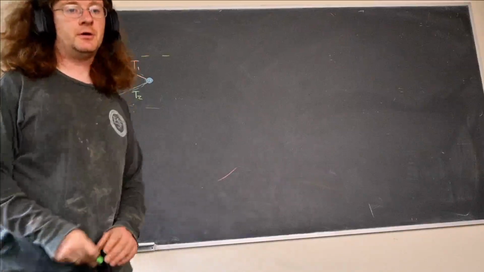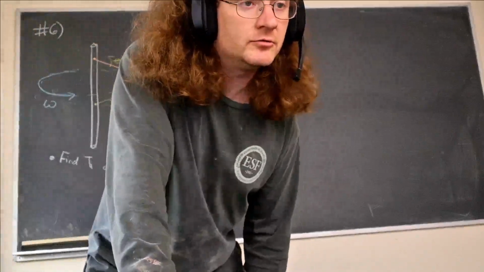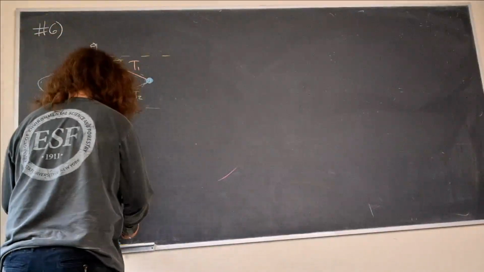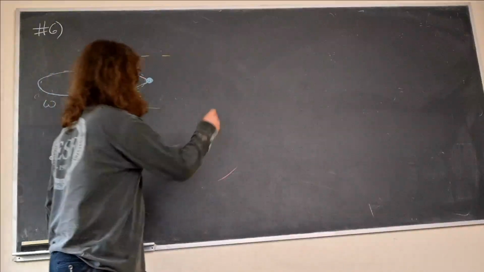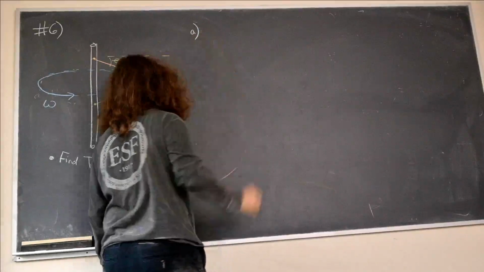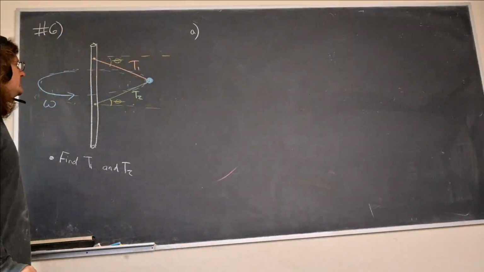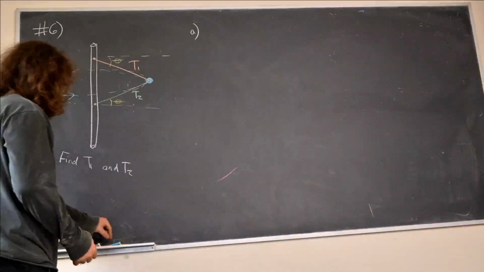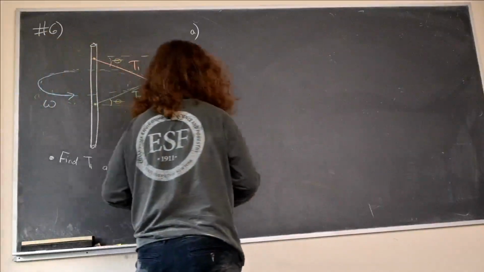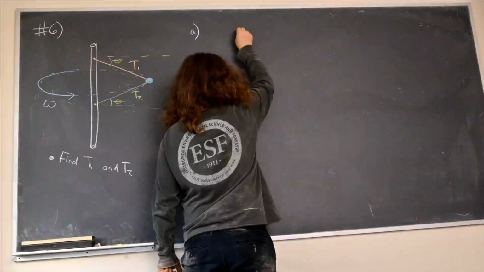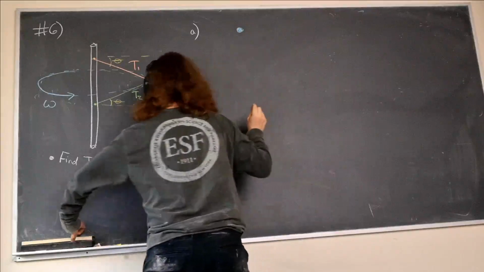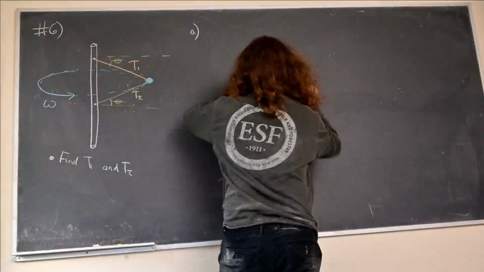So part A, draw the cartoon, draw a force diagram, and pick a coordinate system. Forces are pretty simple. We've got two strings and the weight of the thing. We'll draw this a little bit bigger.